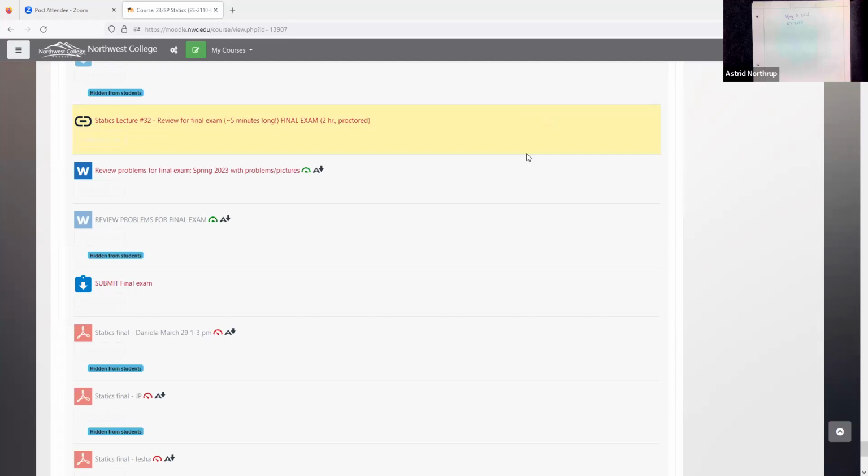It's posted on your Moodle page where it says review problems for the final exam spring 2023 with problems pictures. The computer's really slow, but there we go. They're just little cutouts, little snippy tools, so they're not beautifully curated, but I think you'll get the gist. If you do those 4 problems, you will be quite ready for the exam.